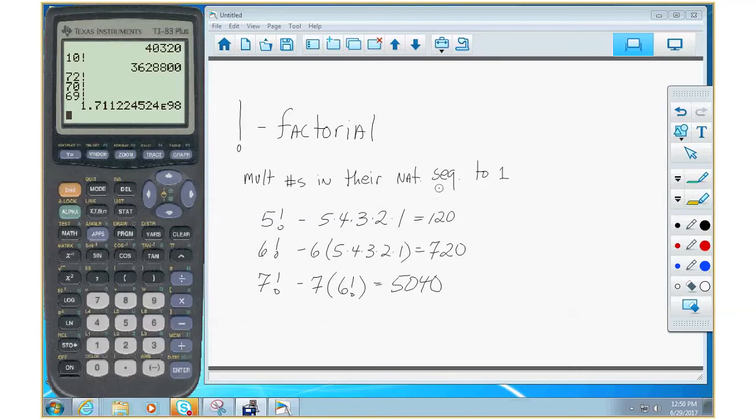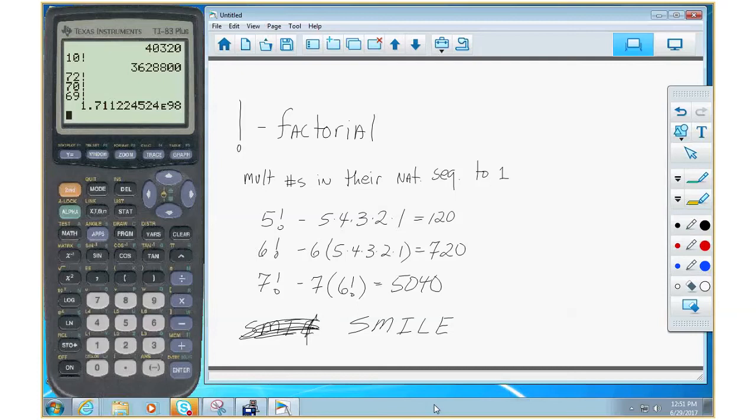Now, why do you use factorial? Well, something simple such as how many different words can you make up with the word smile? Smile. You might see a test question like this on a standardized test. In other words, how many different words can you make up?